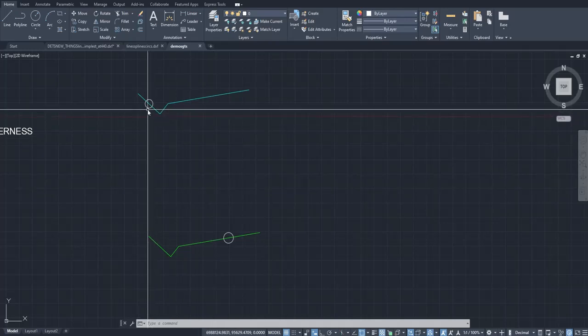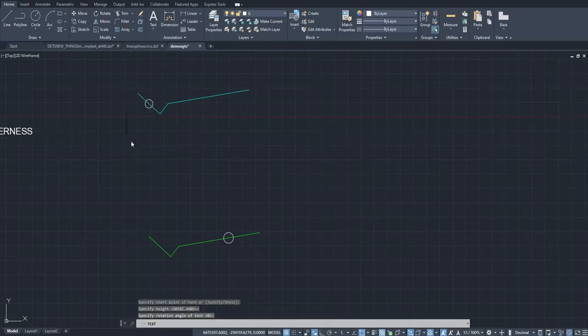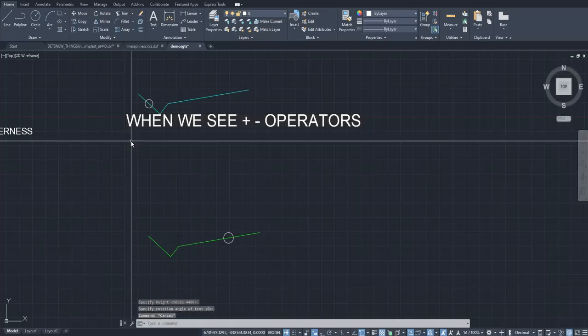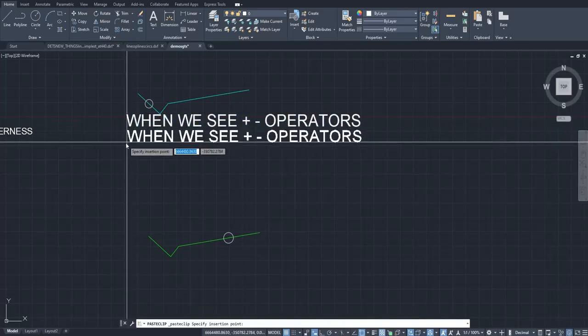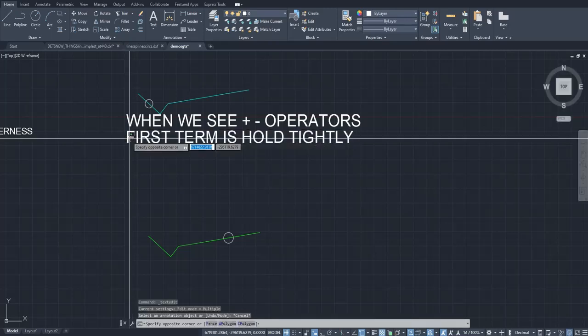When we use the hold operator here, that is the first term in the plus, minus, into, divide. When we see plus or minus operators, the first term is held tightly. Suppose 1 plus cos x plus sin x, there 1 is the first term.